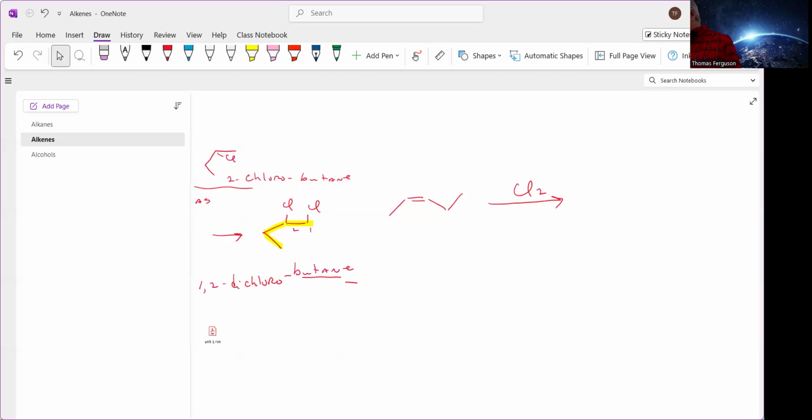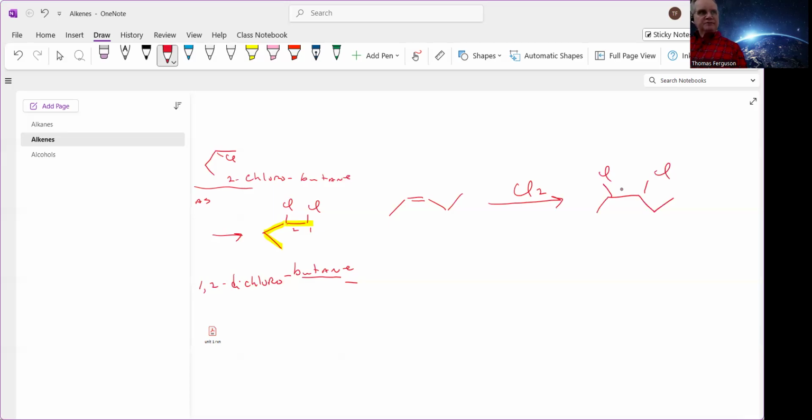What happens? Anyone guess what happens? Stable. Hmm? The double bond turns into just one. We want to go from unstable double bond to stable single bond, exactly. And we can do that by adding the Cl2 across the double bond. We get a chlorine there, chlorine there. No mix.